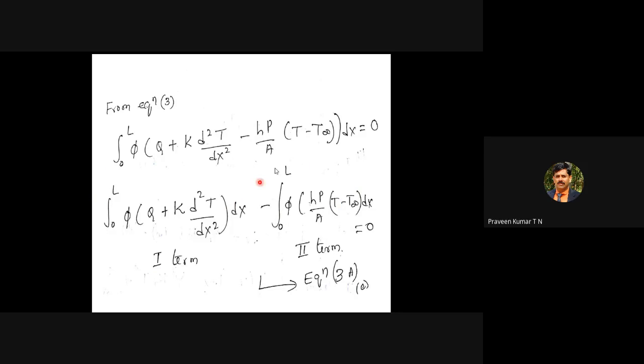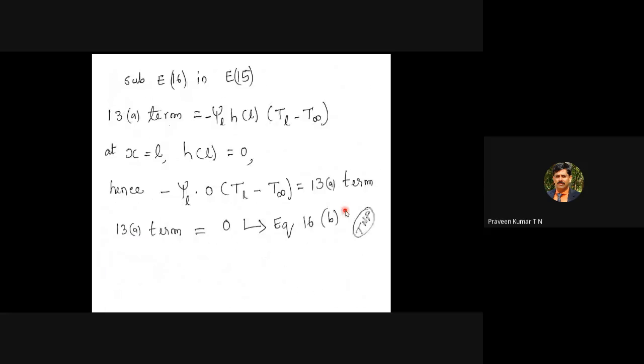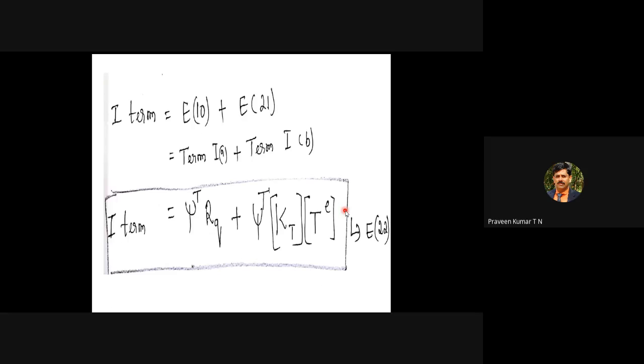Now you are simplifying the second term of equation 3a. In the second term, again we have 5 into hP by A, T minus T infinity. Once you multiply this with this with this, you again get 2 more terms in the second term also. So now you are dealing with the second term and simplifying it. The first term is over, and you have ended with it.